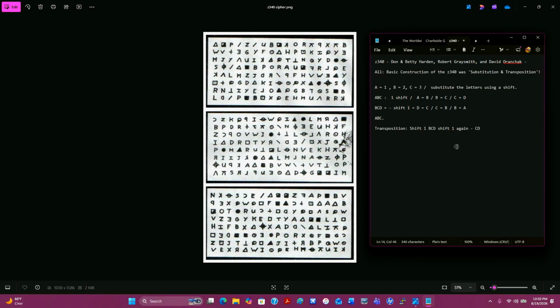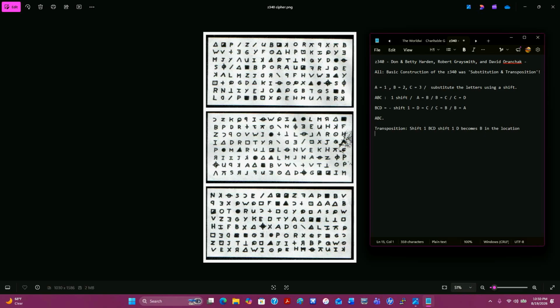Oh no, excuse me. So on the transposition, you would do a shift 1 and it would be D would be where B is as a location. D becomes B in the location.